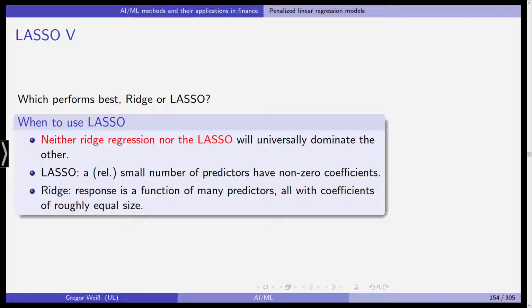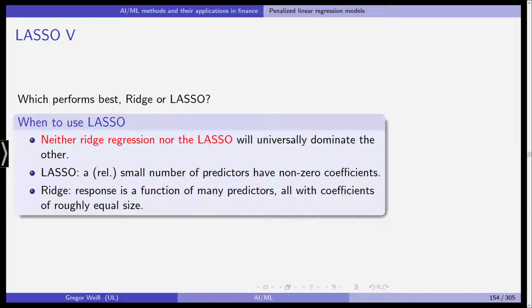Okay, so which performs best, ridge or Lasso? Well, neither ridge regression nor the Lasso will universally dominate the other. As a rule of thumb, you should use Lasso if you have a relatively small number of predictors that are expected to have non-zero coefficients.